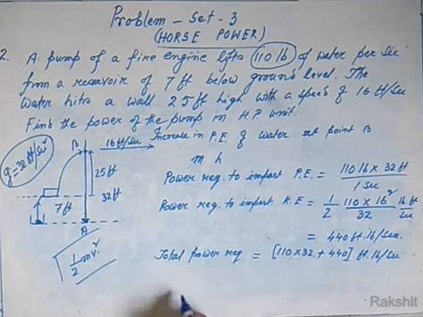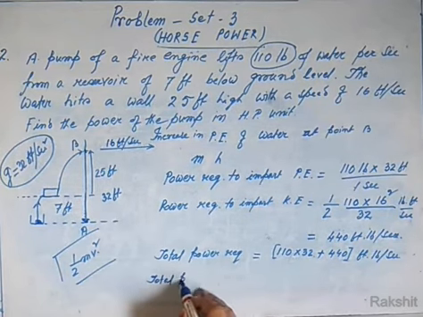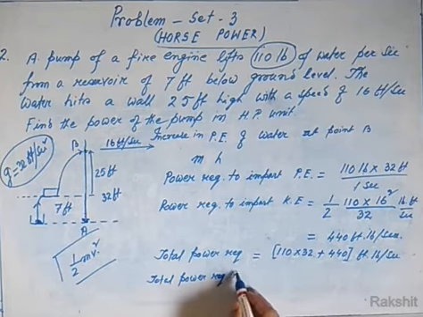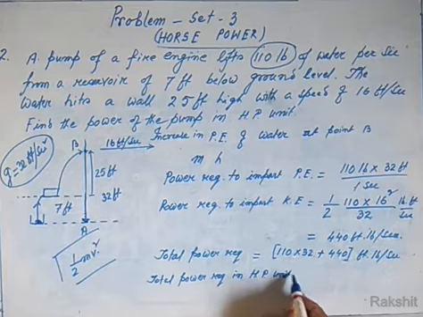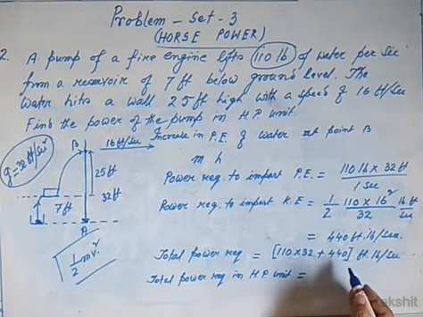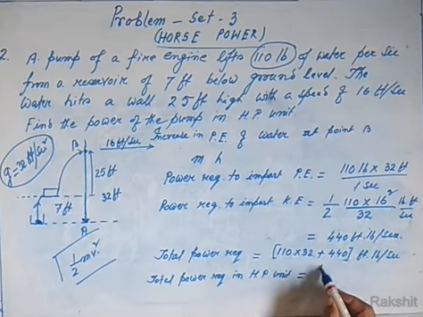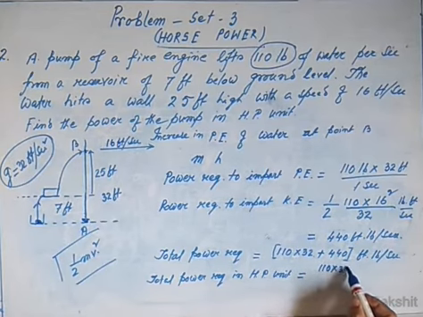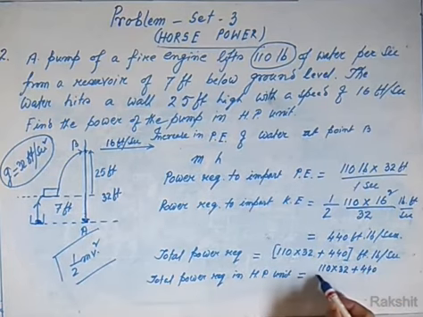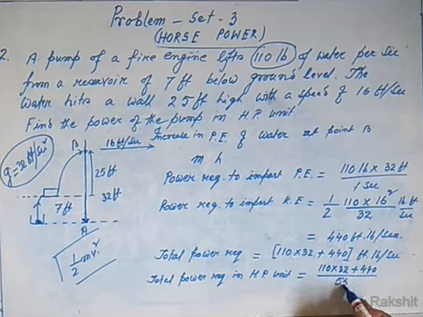So total power required in HP unit is equal to this divided by 550. 110 into 32 plus 440, whole divided by 550.